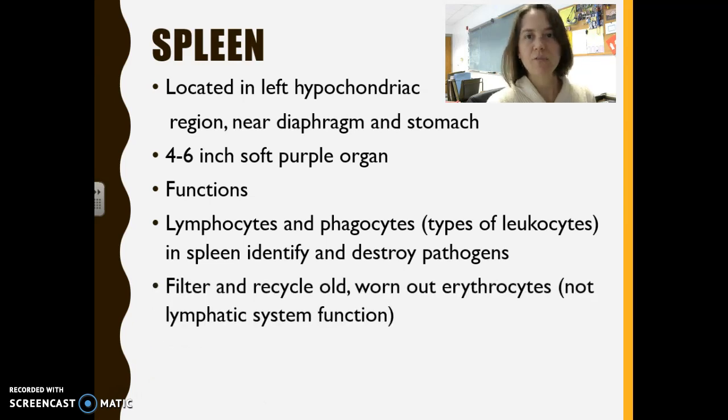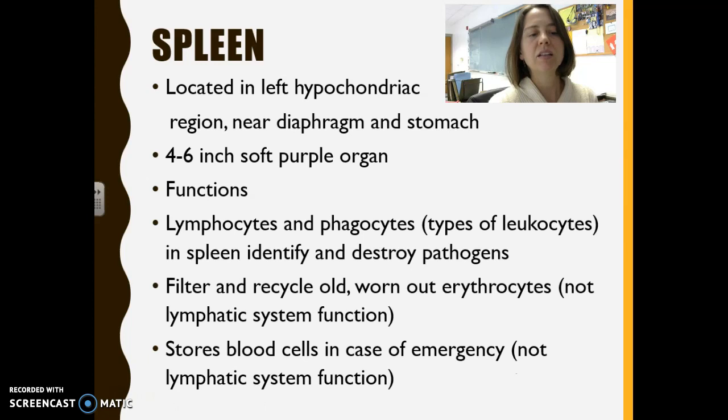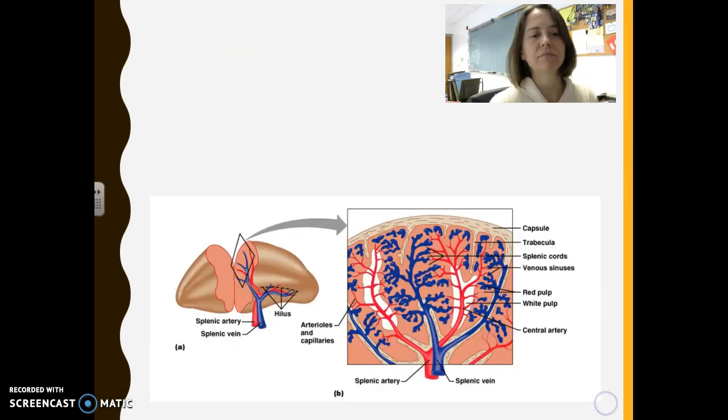It also has several functions that are not actually lymphatic system functions. It will filter and recycle old worn-out erythrocytes or red blood cells, and it stores blood cells in case of emergency. Okay, splenectomy. What would a splenectomy be using your medical terminology?